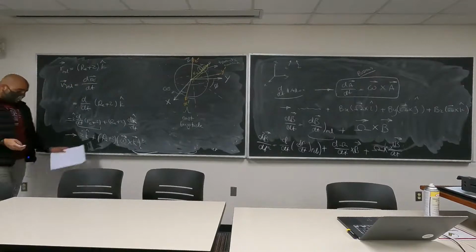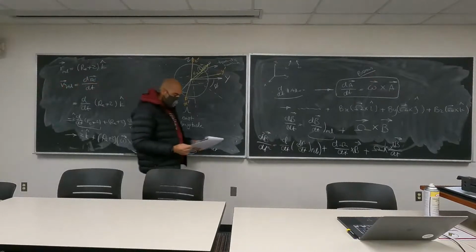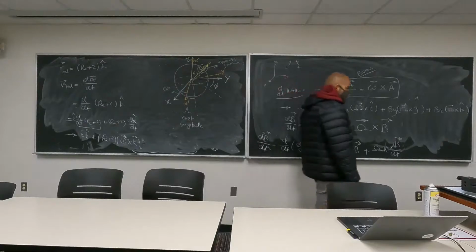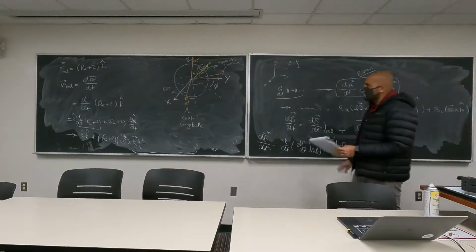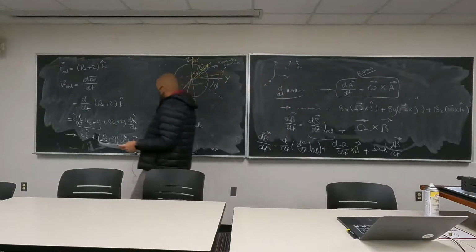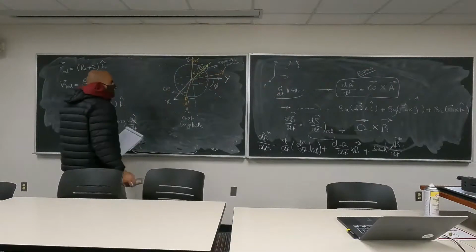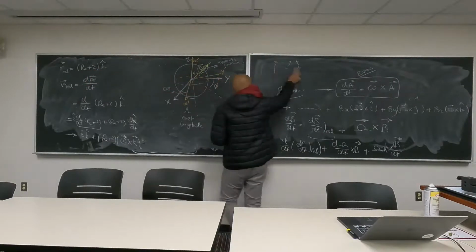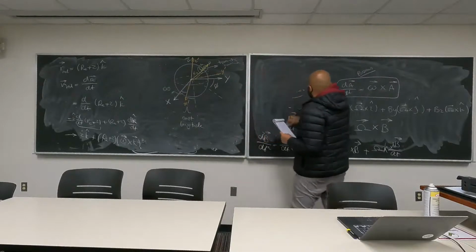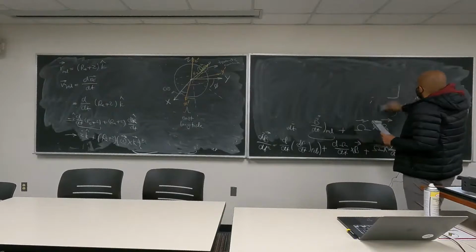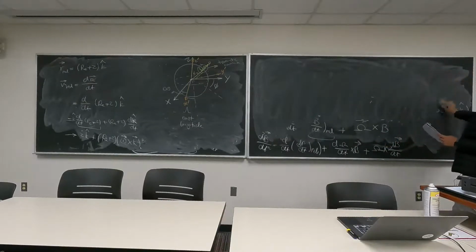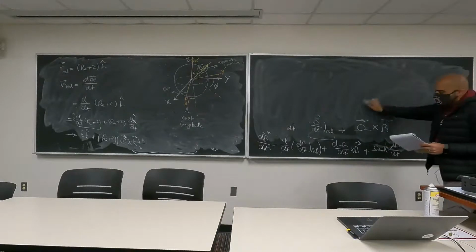Okay, so the next question is, what is omega of the Earth? That's actually where these angles come into play. Omega of the Earth can be calculated using the equation I'm going to write on the board.